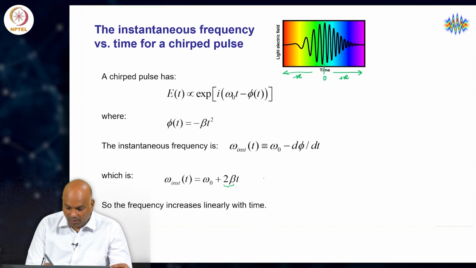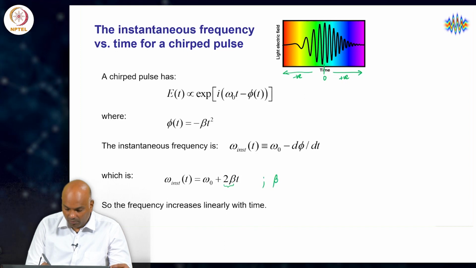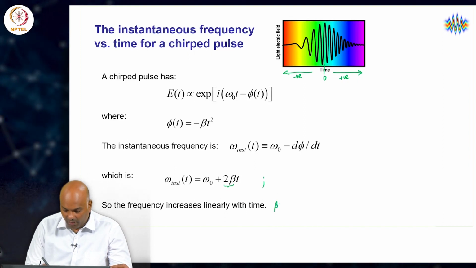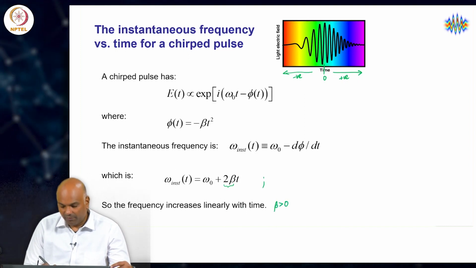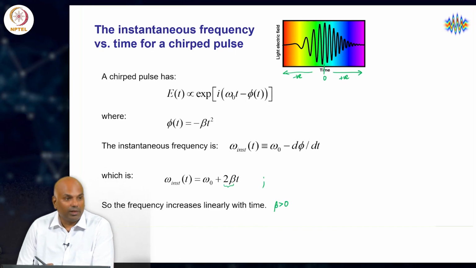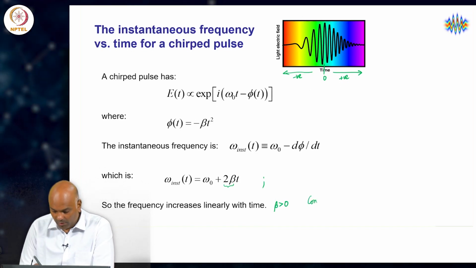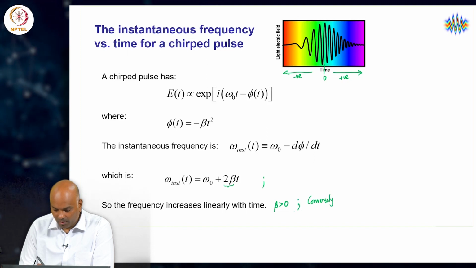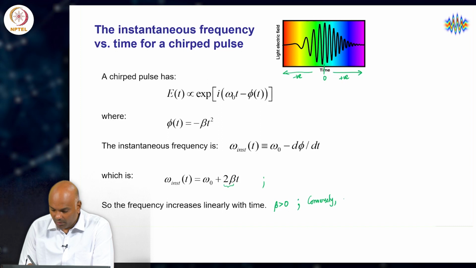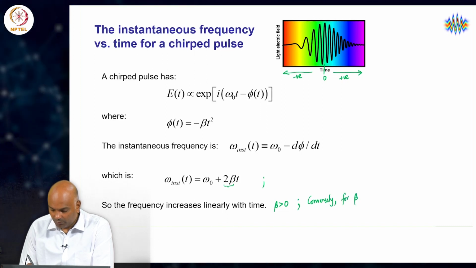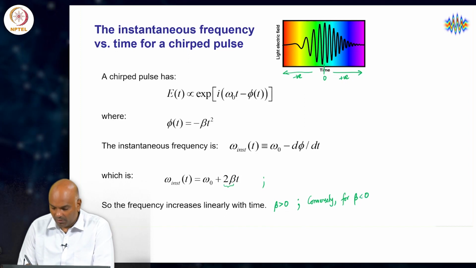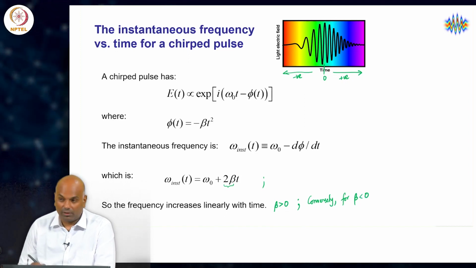When we say the frequency increases linearly with time, it is implicit that we are considering values for beta which are greater than 0. Conversely, nothing prevents us from having beta less than 0, in as much as we can have beta equal to 0, which is the trivial case.